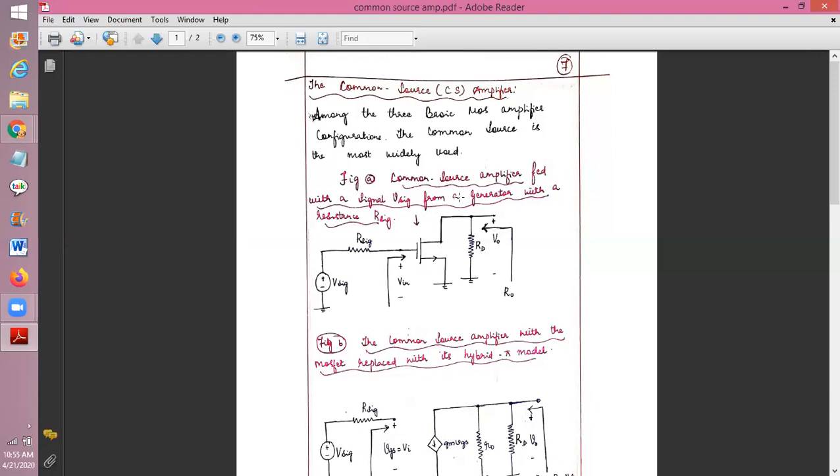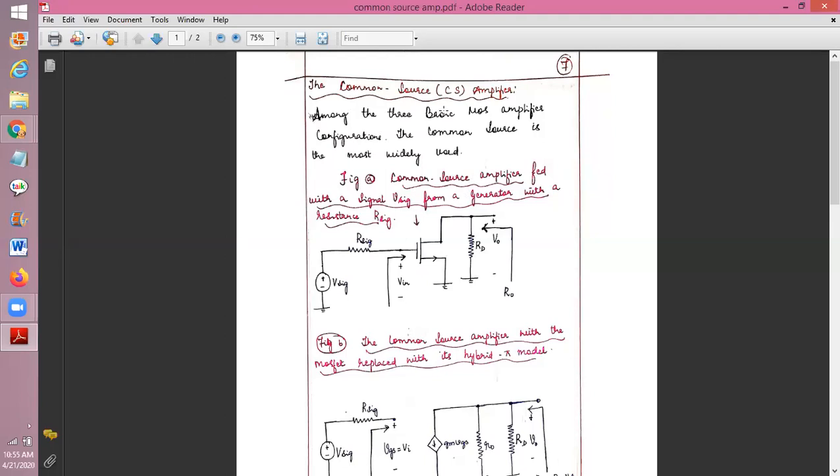Okay. So today we shall start characterizing the common source amplifier. What we have to do is pick one configuration, the common source configuration, and characterize it, which means we have to find the properties: the input impedance, output impedance, GV, AV, all that. Understood? Okay.